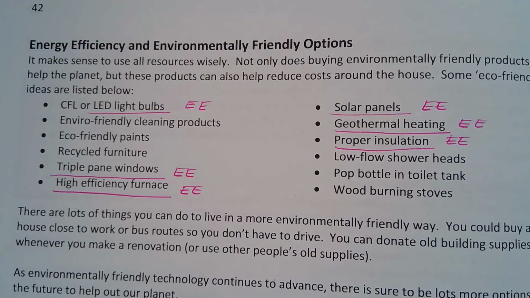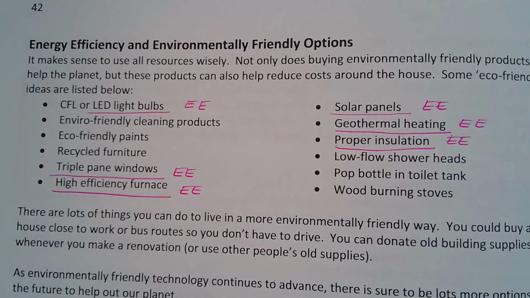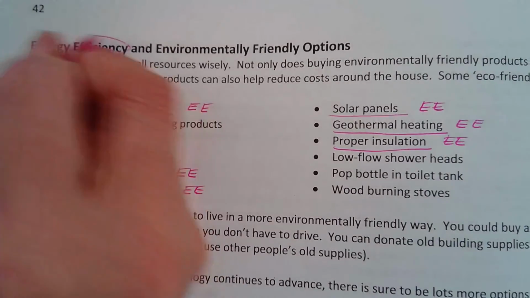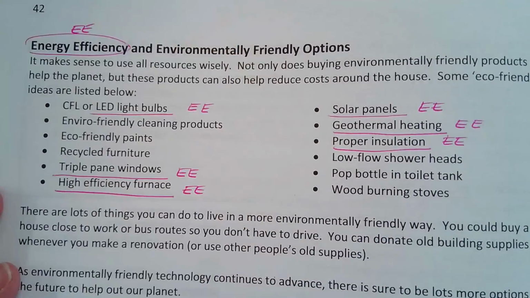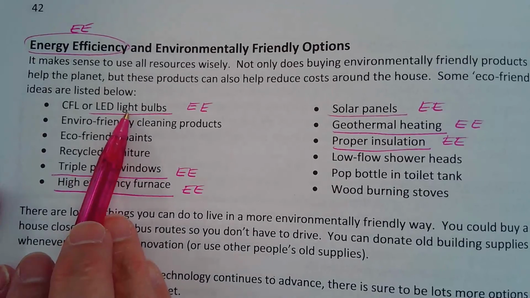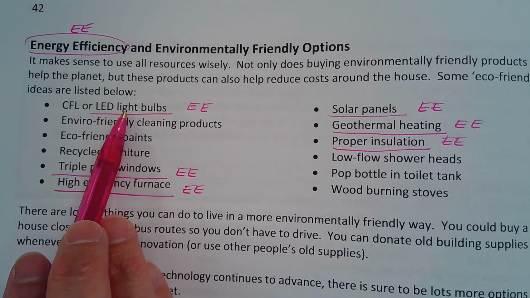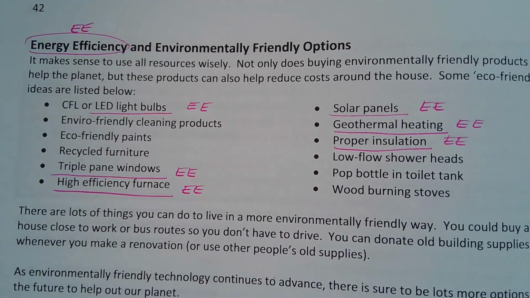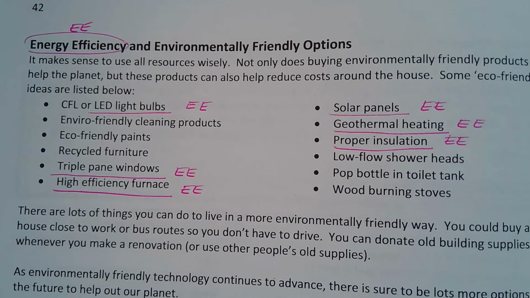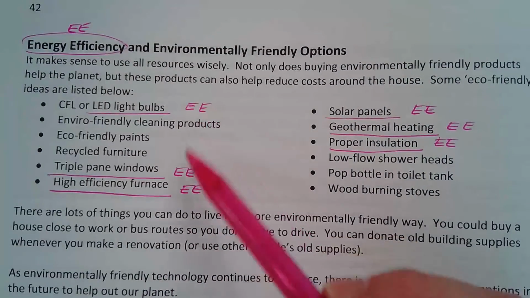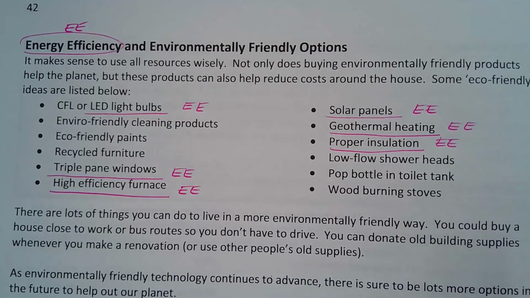If you have a house now, which one's an easy thing to do for energy efficiency? LED bulbs. Yes, LED lights, that's pretty easy, right? You just buy something from Home Depot and then you can fix it. Good. Okay, anything else? Paints. Oh, the EEs, energy efficiency.